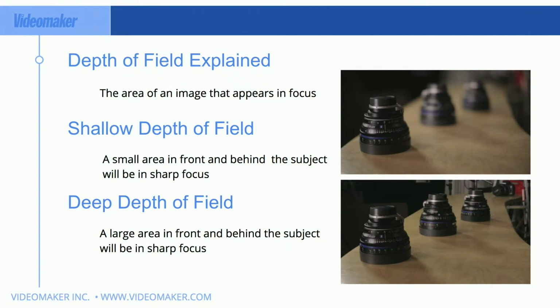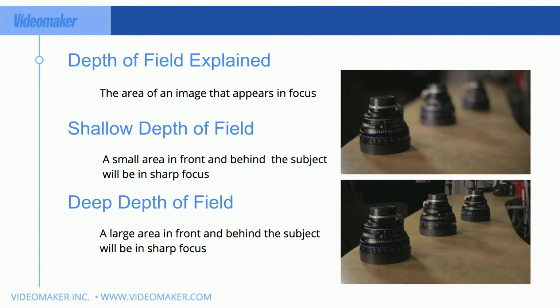And as much as we talk a lot about getting a shallow depth of field and how that's kind of the look of cinema, it's what you see most of the time. It helps control the eye and all the rest. We don't talk too much about deep depth of field. However, it's super valuable for certain types of productions.